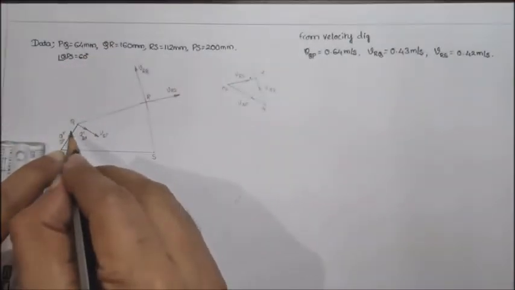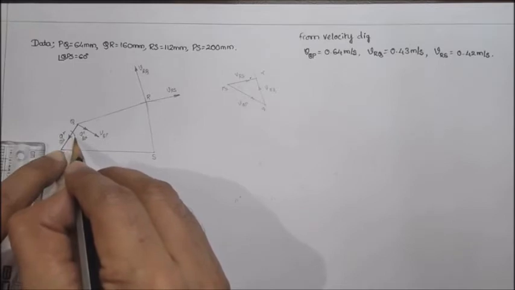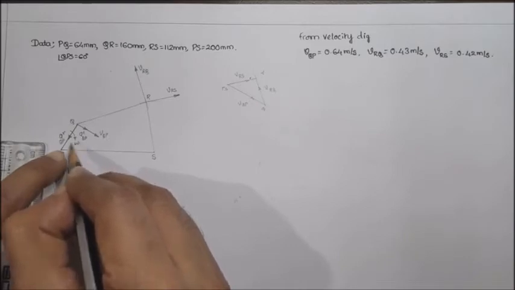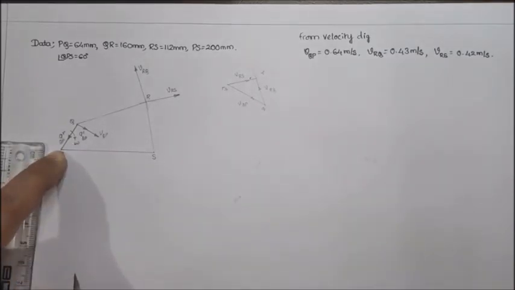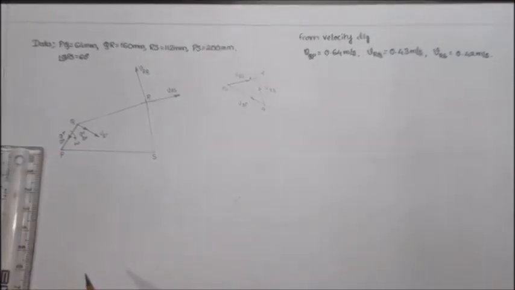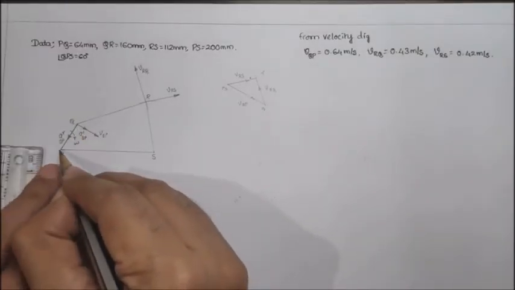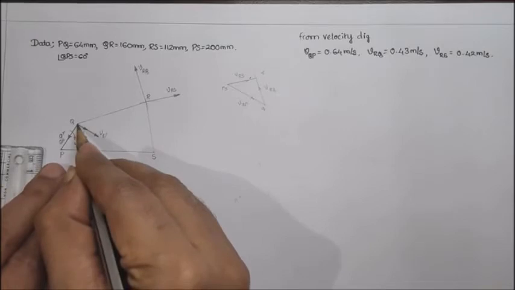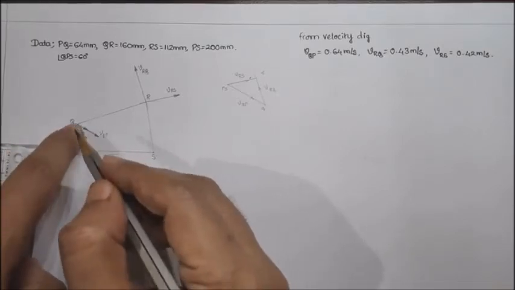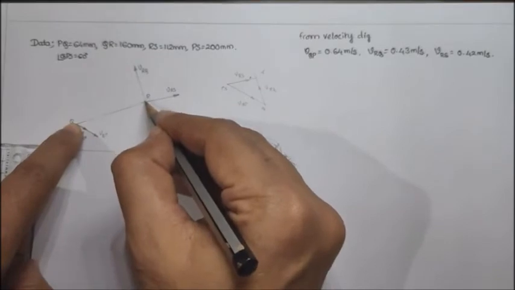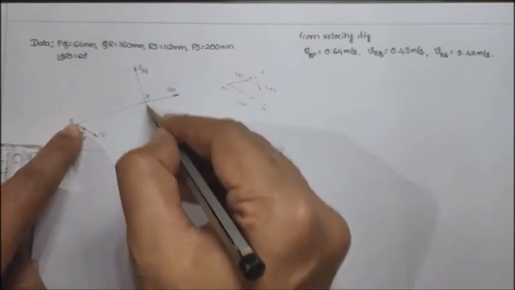Why this direction? Because our link is moving here in a clockwise direction with the angular speed omega. Next, moving from P we move to point Q, keeping Q as the reference. Then with respect to Q, R is also going to move.